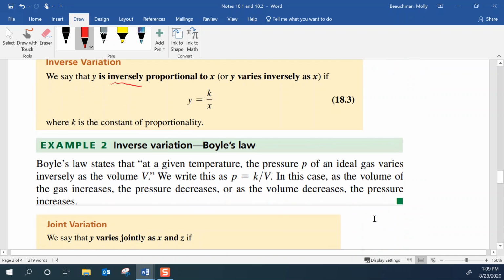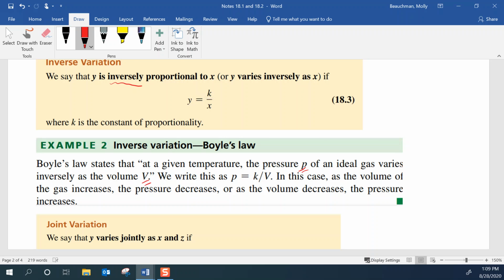Boyle's law states that at a given temperature, the pressure P of an ideal gas varies inversely as the volume. So we write this as P equals k divided by V. As the volume of the gas increases, the pressure decreases, or as volume decreases, the pressure increases.